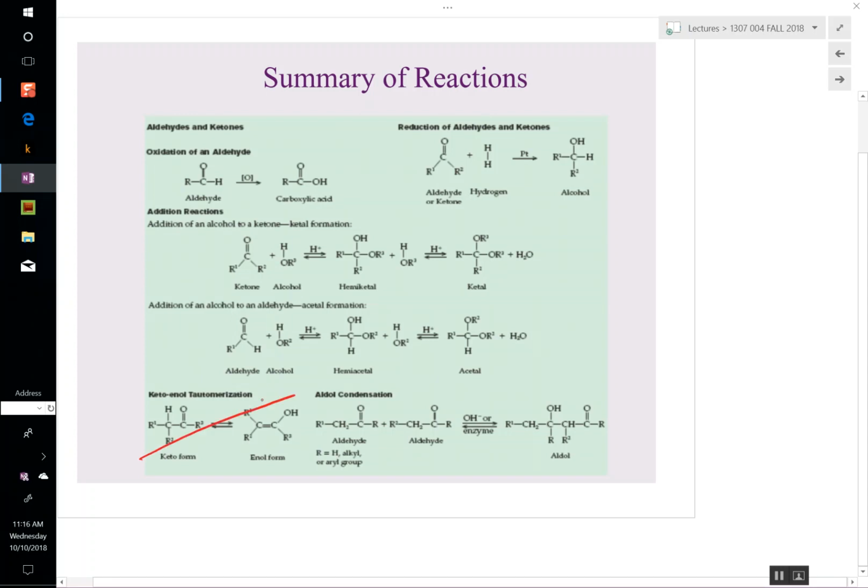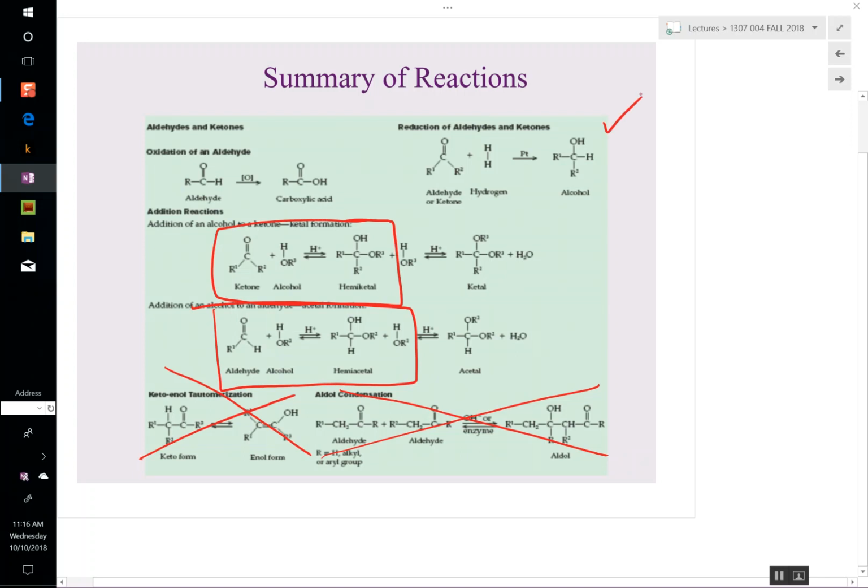Okay, the enol formation, the aldol condensation, we're not emphasizing. You should be familiar with the hemiketal and the hemiacetal reactions. And of course, hydrogenation and oxidation.